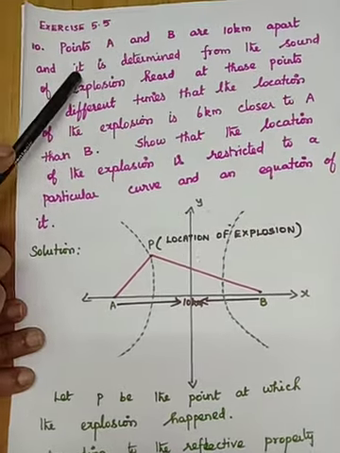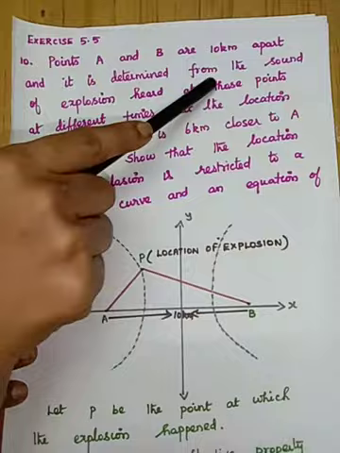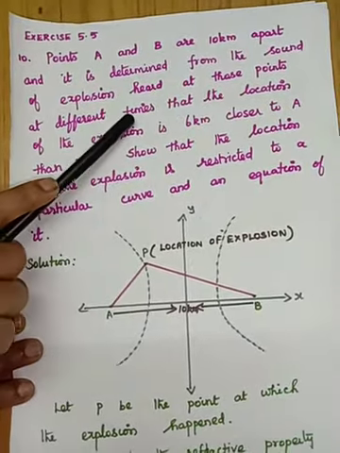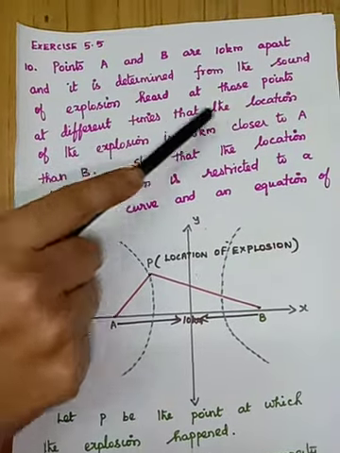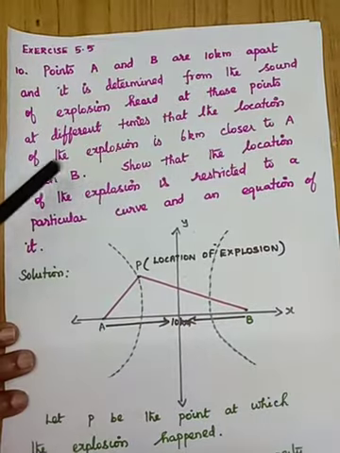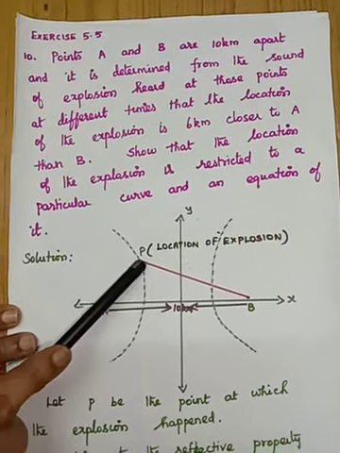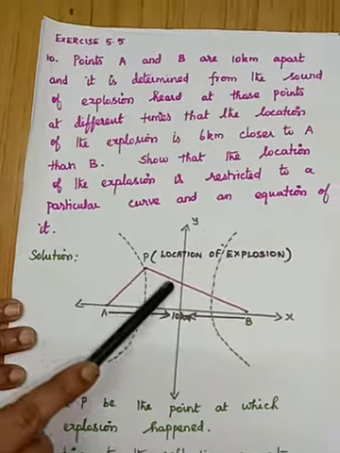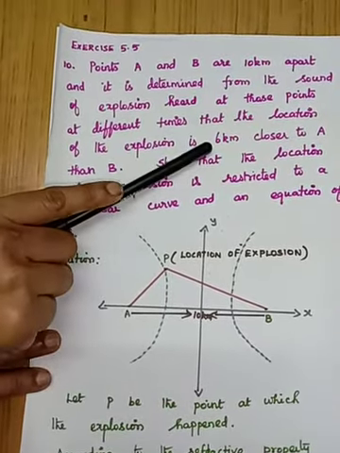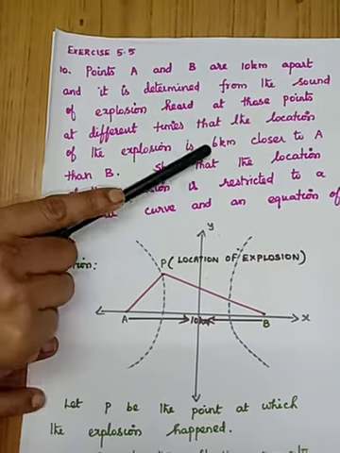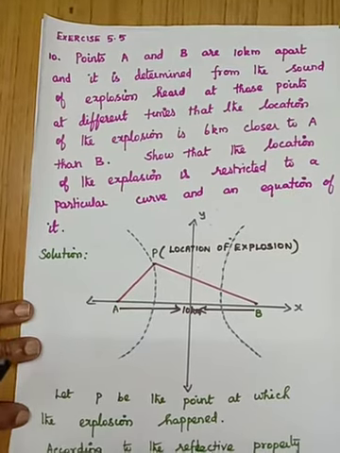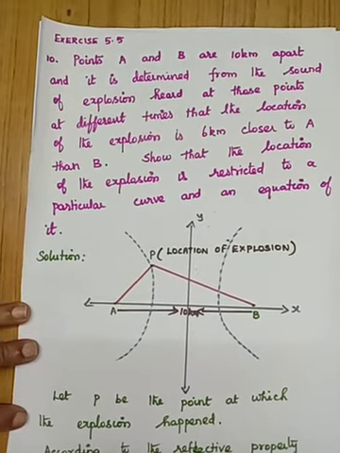Again I am reading the sentence: it is determined from the sound of the explosion heard at those points at different times that the location of the explosion is 6 kilometers closer to A than B. So the difference of PA and PB is equal to 6 kilometers, so the locus of the point is nothing but a hyperbola.